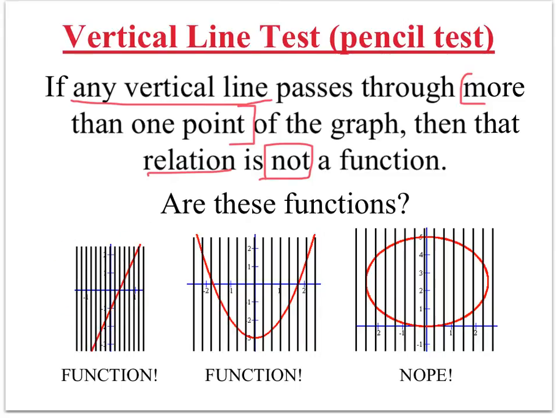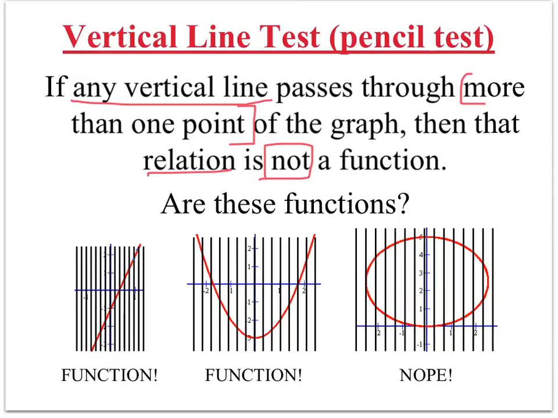I draw several vertical lines. If you look at all the vertical lines, you can see that each vertical line just hits that slanted line at one point. It doesn't hit it more than once. Because the vertical lines only pass through the graph of my relation at one point, this right here is actually a function.